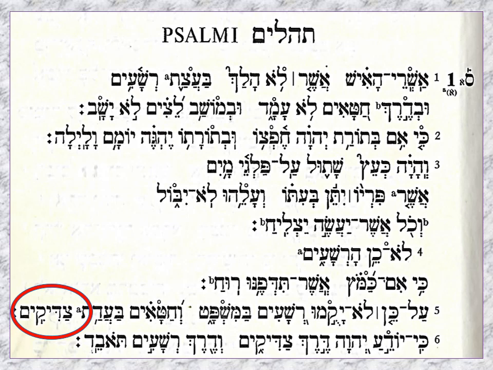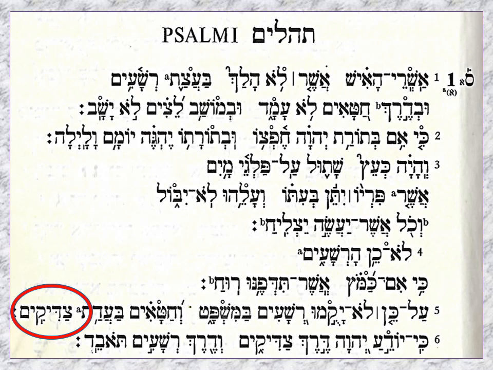Tsade with a patach, short A class vowel. Dalet with the dagesh forte, with a hireq yod, and then a qof with a hireq yod, final form mem. Tsaddiqim.